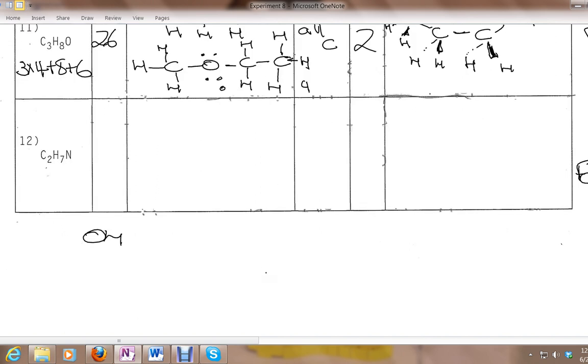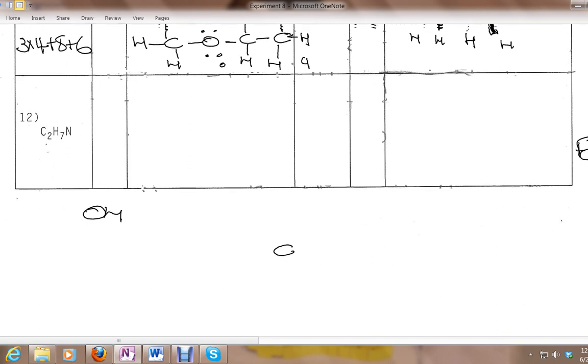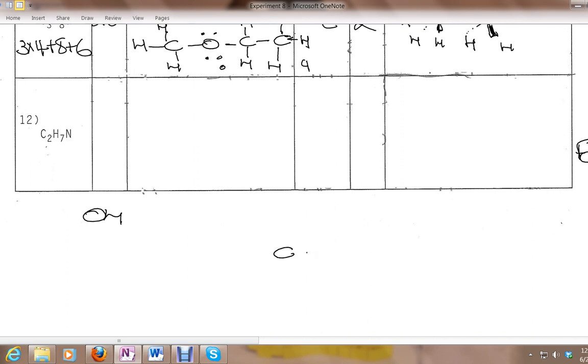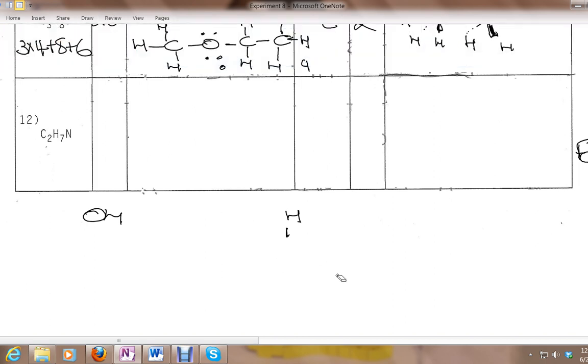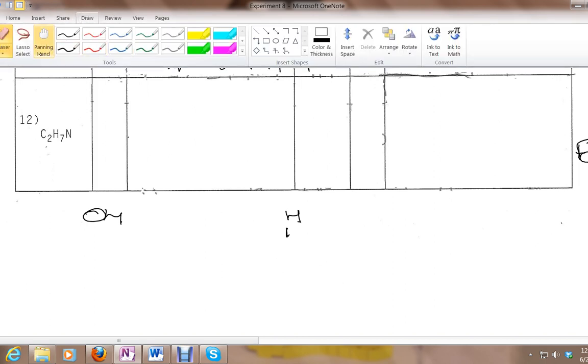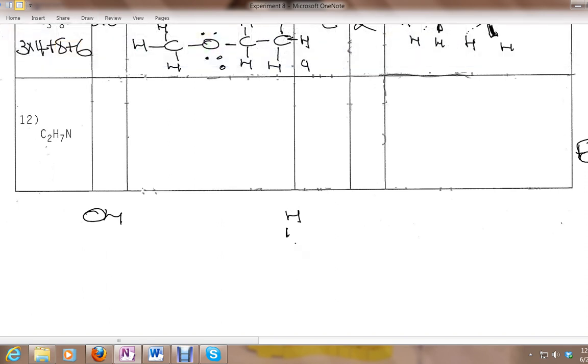And we can see it from here. It's C, right? This is the best way to represent it. O, the H here, this is a C. Try to draw it a little bit nicer. C here, right?